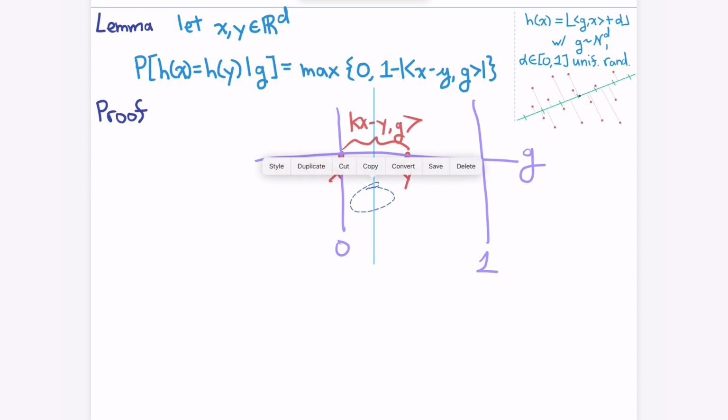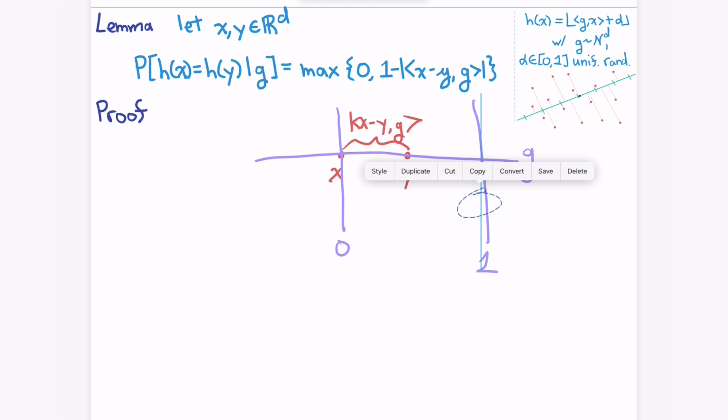If alpha puts the line in between, they'll get split up. And if it doesn't, they won't. So there's going to be some random wall somewhere in this interval. And this x minus y over g is just representing the distance between them. So as long as you're not in that subinterval, you're okay. Could do it more slowly, but that's all it is.